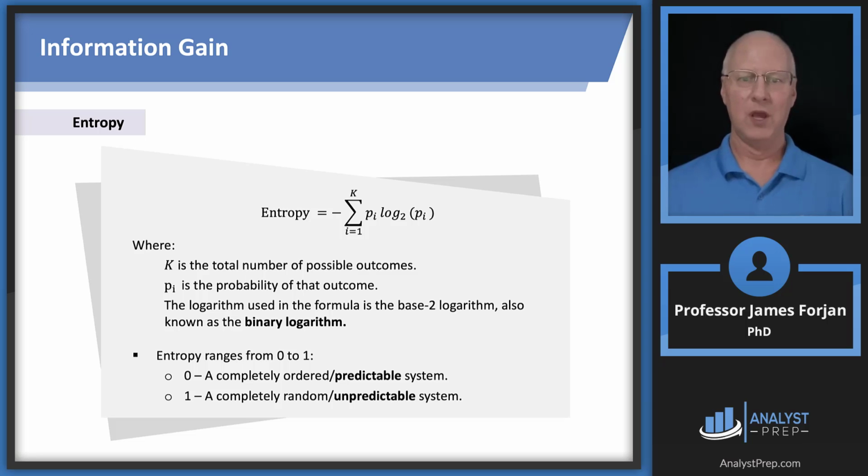K is the total number of possible outcomes. And notice we're taking the probability of that outcome and then the base 2 log of that probability. What that does, of course, for those of you who know a little bit about math, is force the range from 0 to 1, much like it did back with our logistic regression.